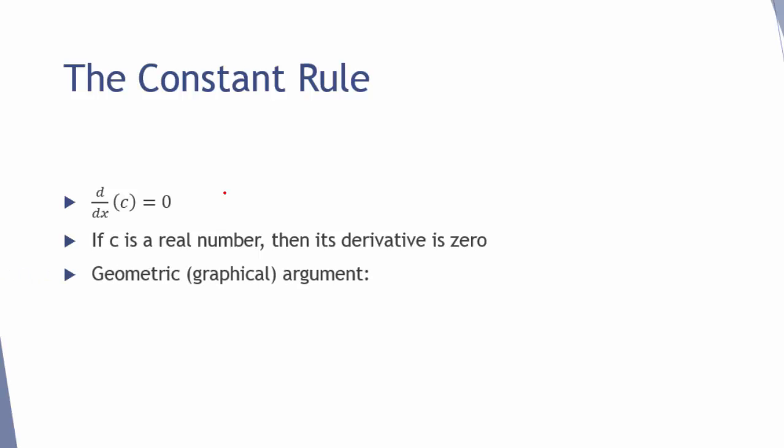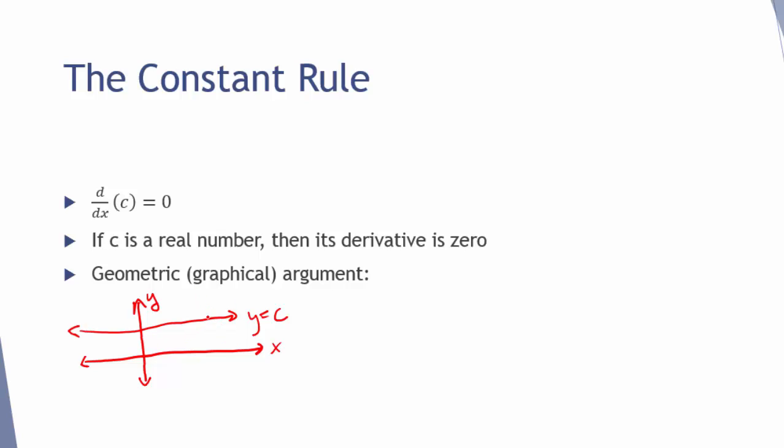So there's a geometric argument, or a graphical argument, to support this. If you take a look at the graph of any constant function, what does it look like? Well, it should be a horizontal line, the horizontal line y equals c. Whatever that constant is, y will be equal to it.